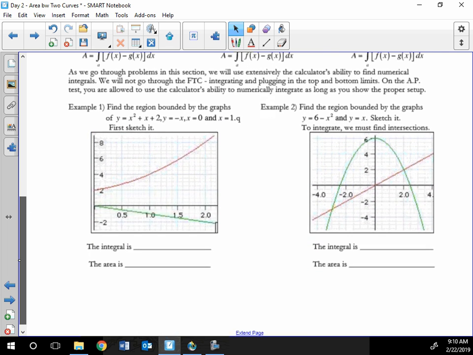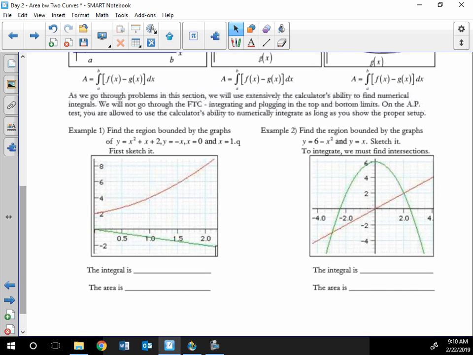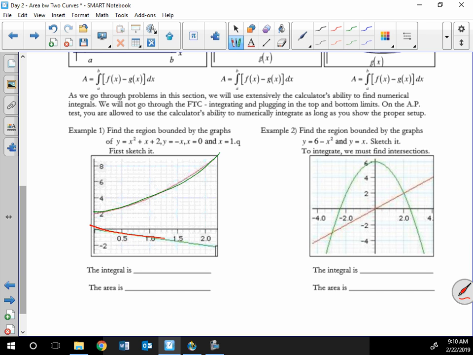Okay, so let's go ahead and take a look at these first couple ones here. Here they specifically told us our graphs, y equals x squared plus x plus 2 and y equals negative x, but they also told us bounded by x equals 0, so that's going to be our vertical one here, and x equals 1.